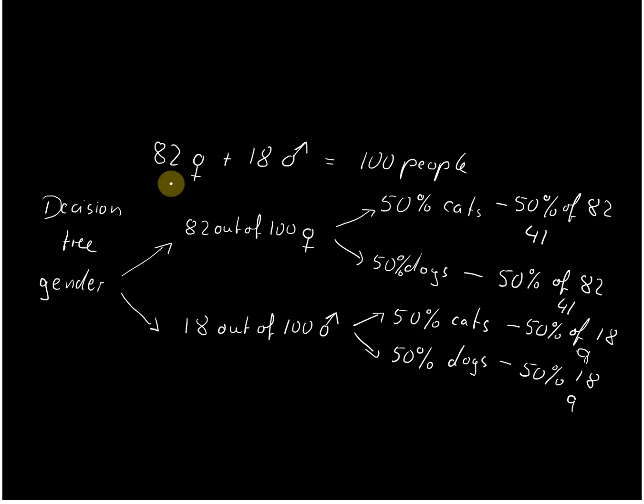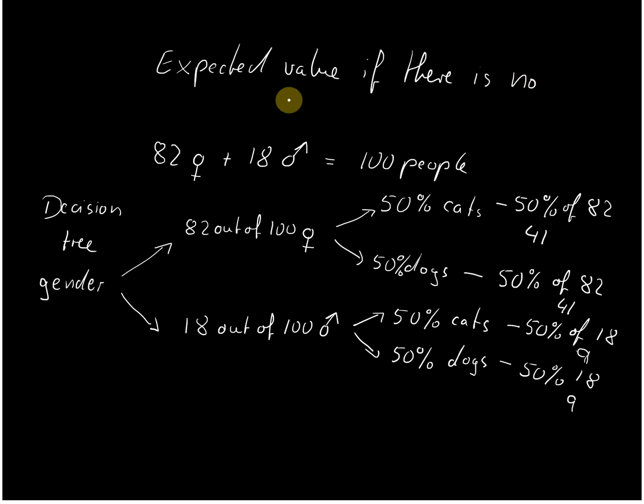So we said we have 82 female and 18 male, so that's 100 people. And now we calculate the expected values if there is no gender preference for the pets.